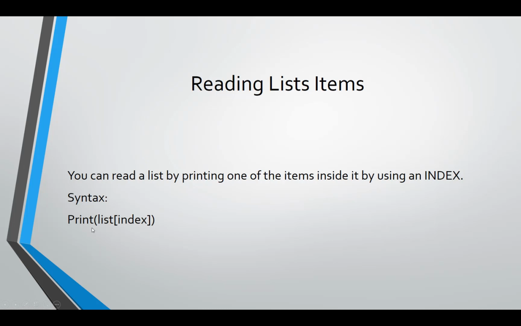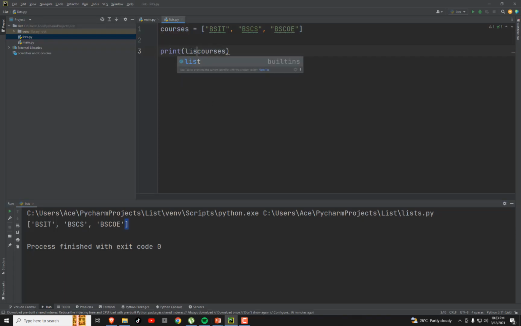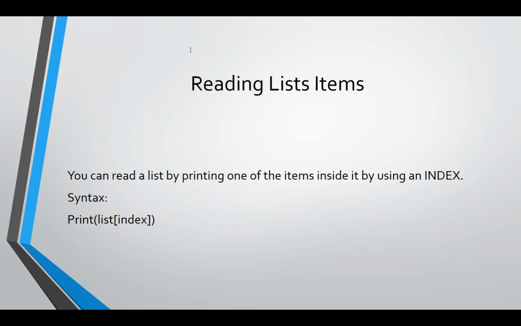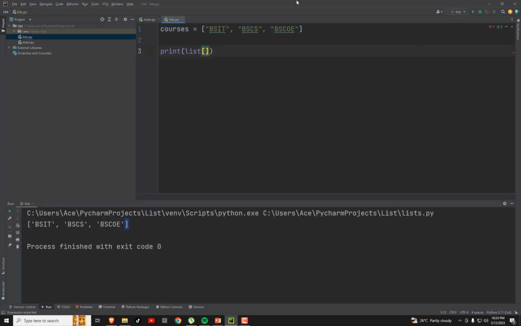The syntax is print, and then the list, then another bracket with the index. The index is like a container of the values. This one is 0, this is 1, this is 2. It's the same as in PHP, where it's called an array.